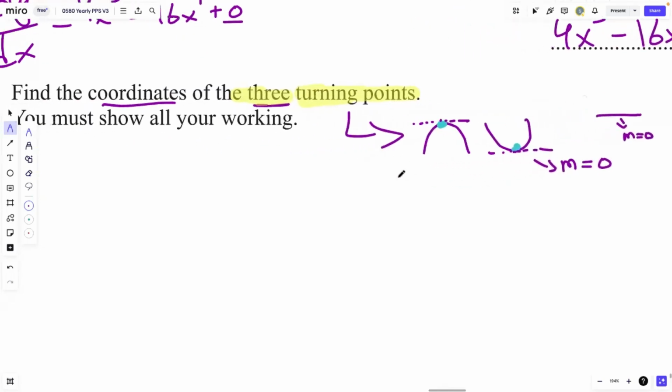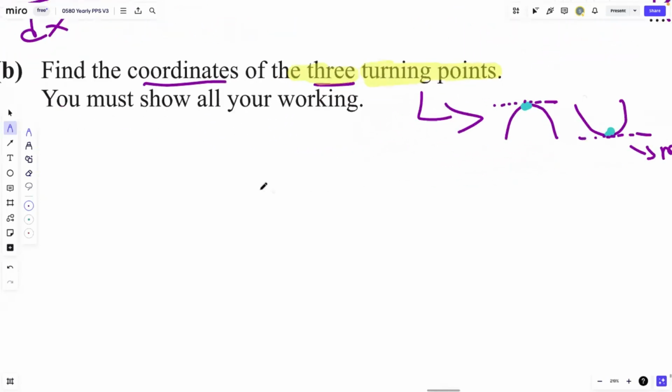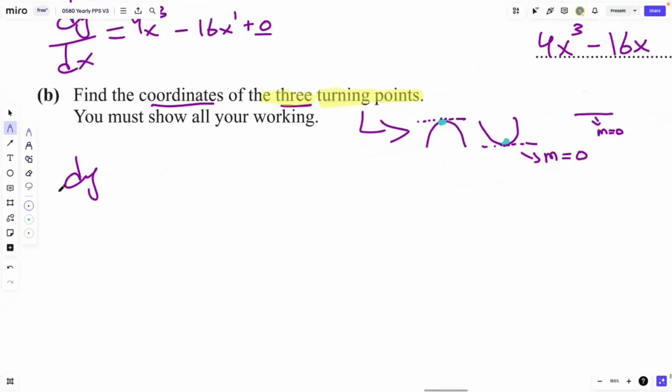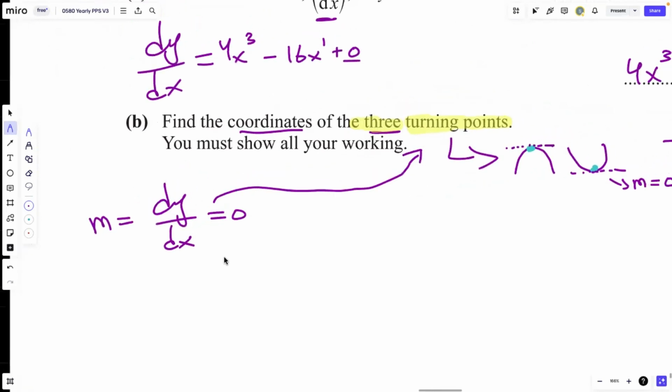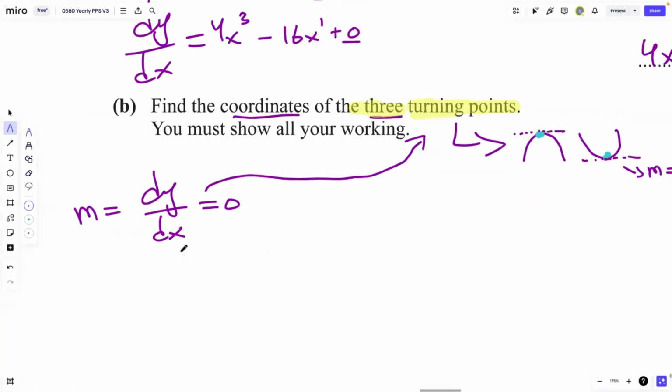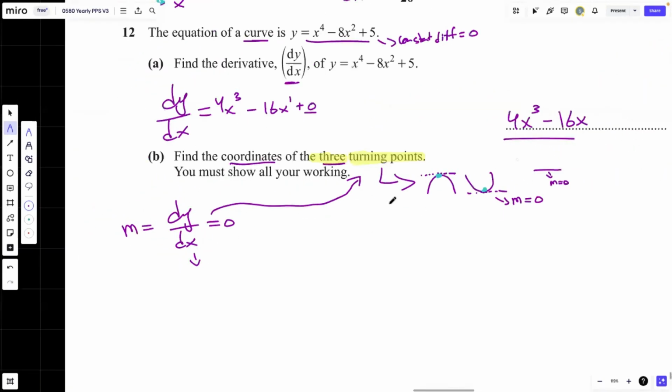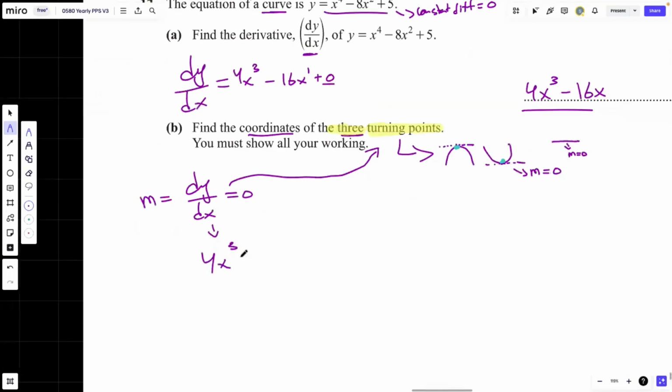And what is the gradient in this chapter represented with? dy over dx. So dy over dx is zero at the turning points. That's what we need to know. You have the dy over dx already from the last part, that's 4x cubed minus 16x.